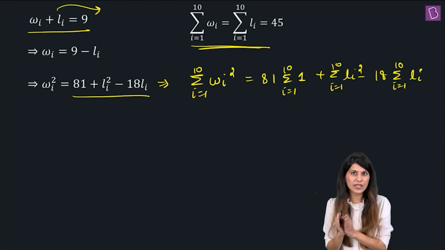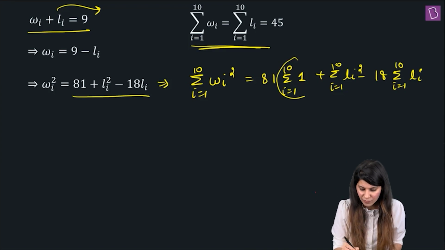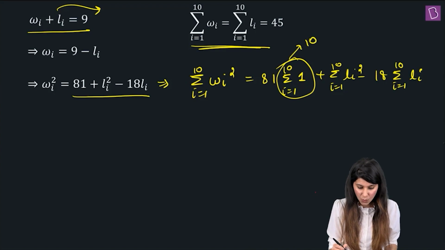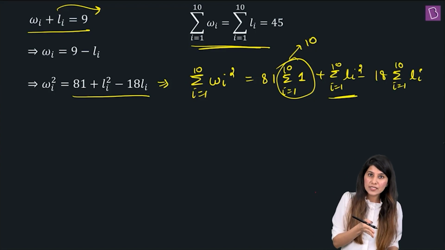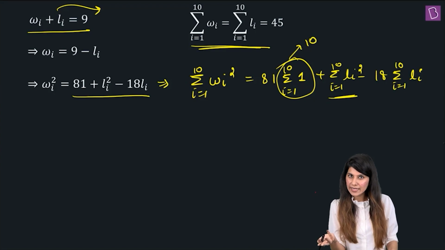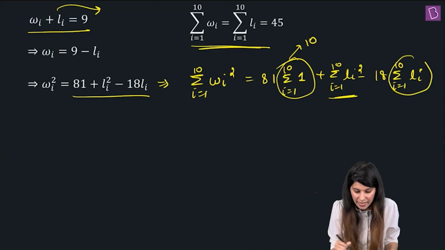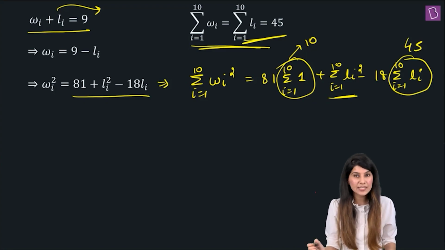Sigma 1 from 1 to 10 is 10. Sigma Li square, let it remain as it is because we want sigma Wi square in terms of Li square. And sigma Li is 45, so this can be replaced by 45.